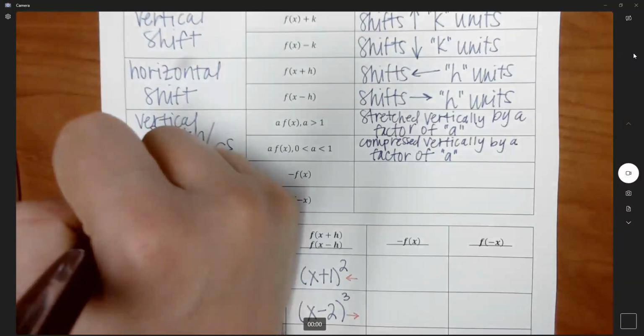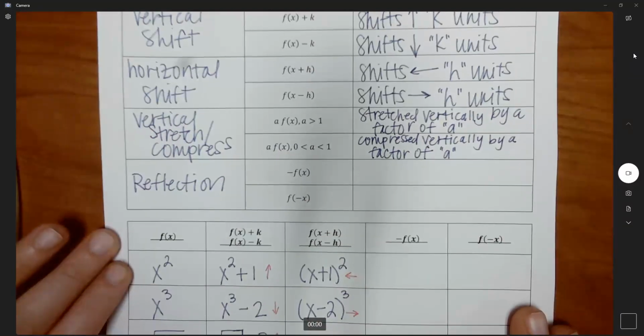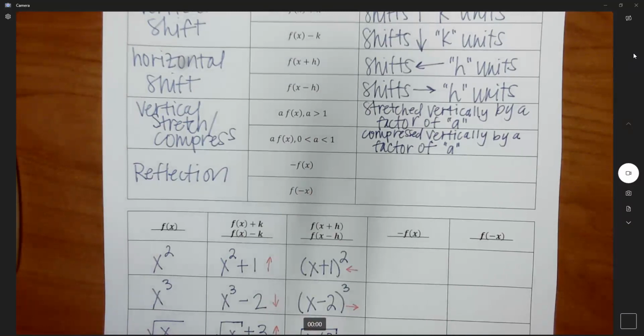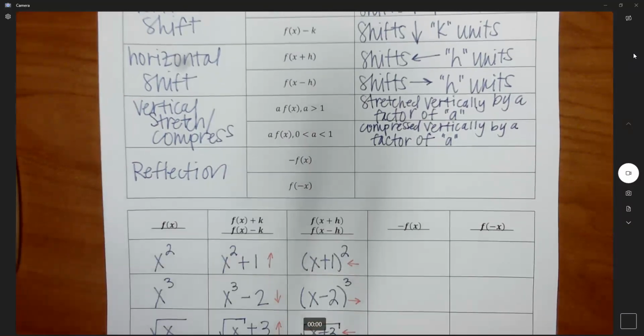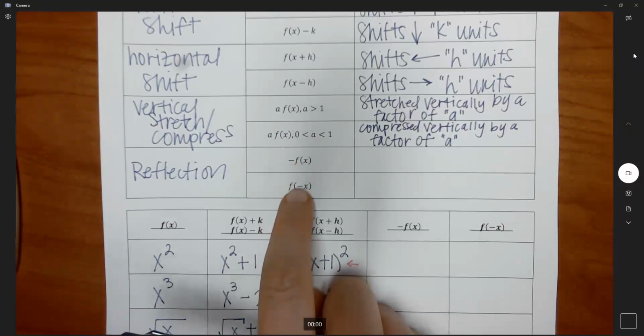And then the last thing we're going to go over are reflections. We again need to know the difference between this notation, and this notation is super similar to this. Is the negative outside of the function or is it inside the function?